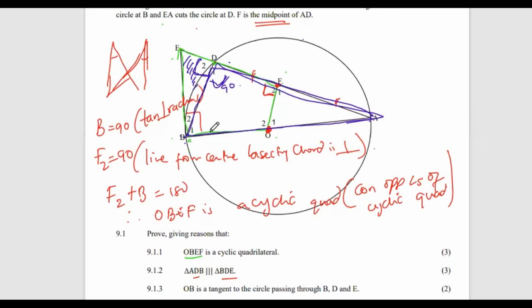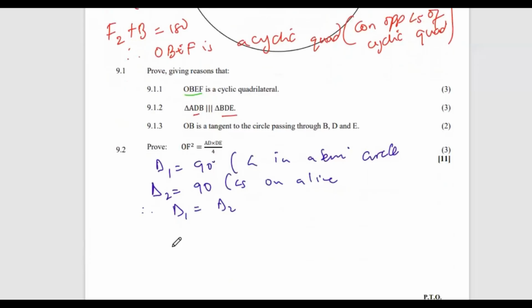And then the other fact that we see, what do we see? Both triangles have this one side that is equal, which means the angle opposite to those sides will be the same. So E must be the same as A. Reason, you can say equal chords.